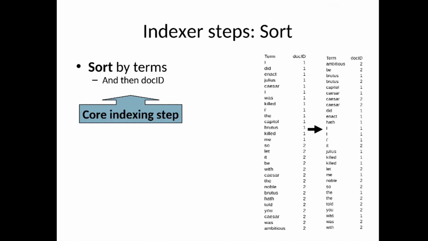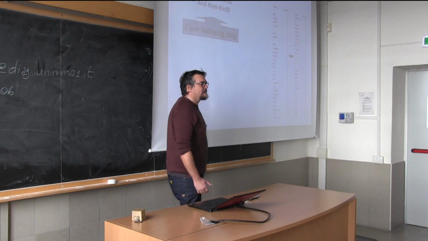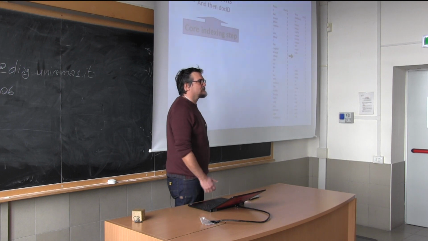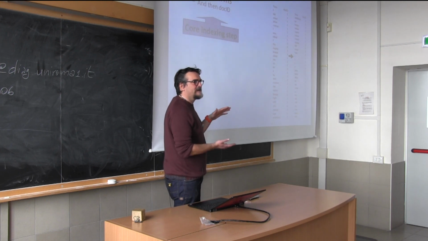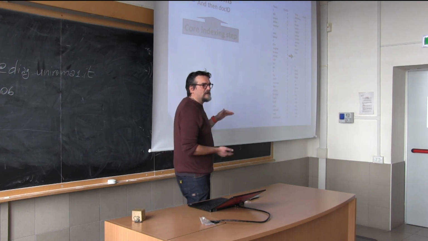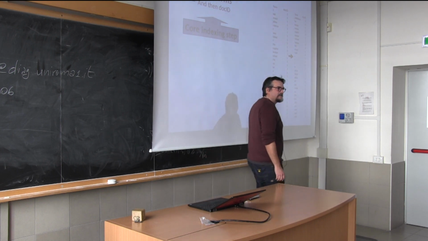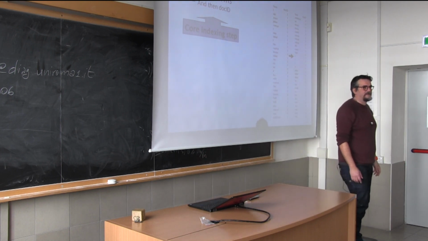Second, you do the most important operation on this collection. Basically, you sort the terms, and then you sort also the doc ID. So you sort all the terms according to, in this example, alphabetic order, and then according to the doc ID.